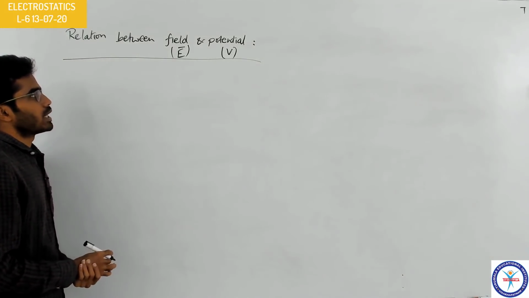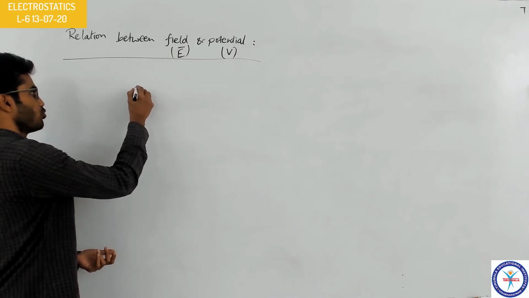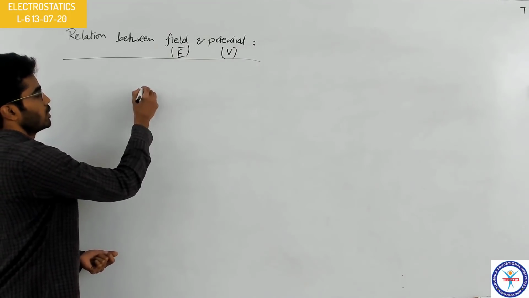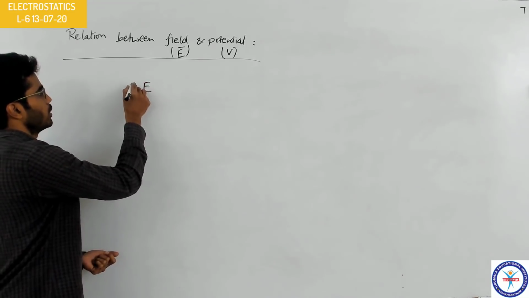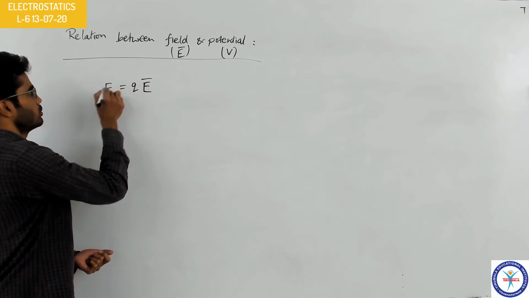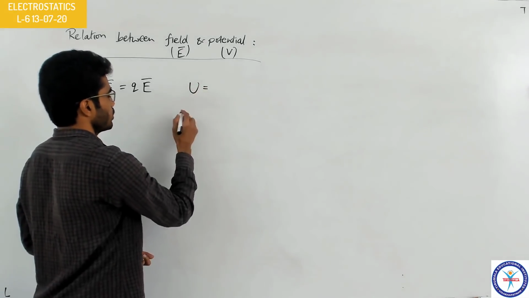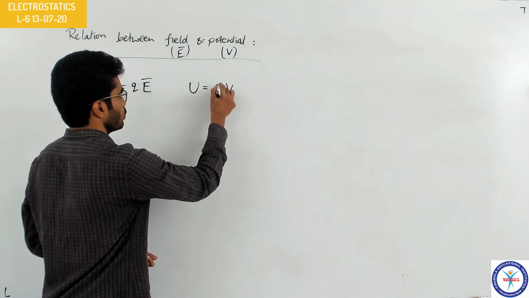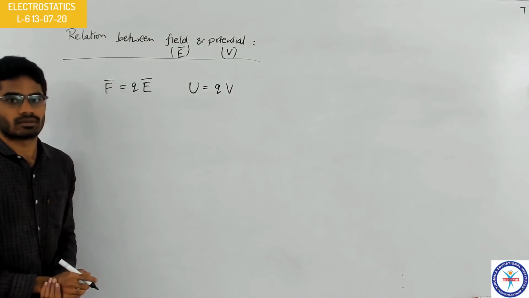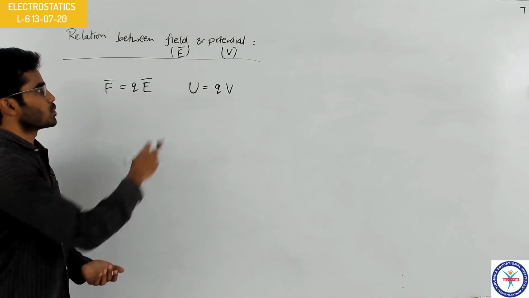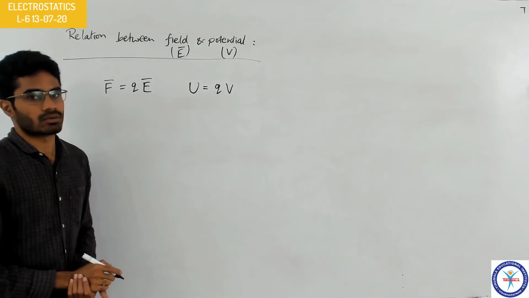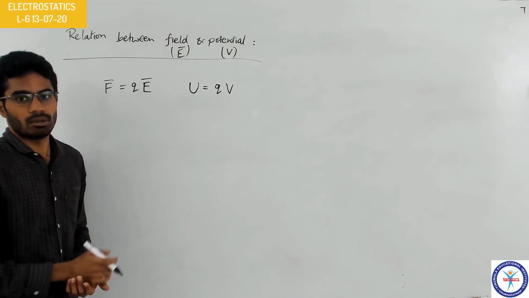So now we know that force is q times E bar, and the potential energy is q times V, right? So what is the relation between these two, the field and the potential?